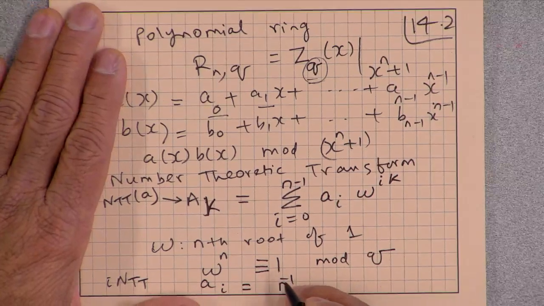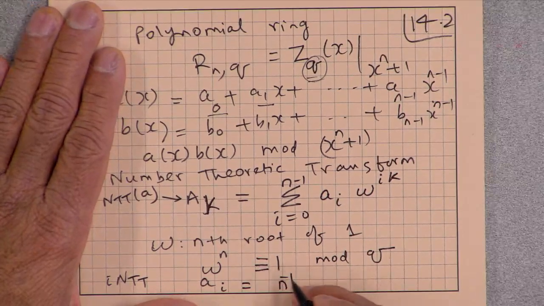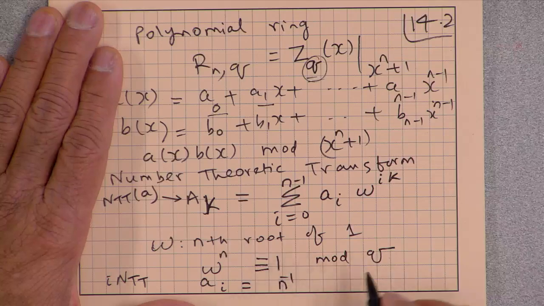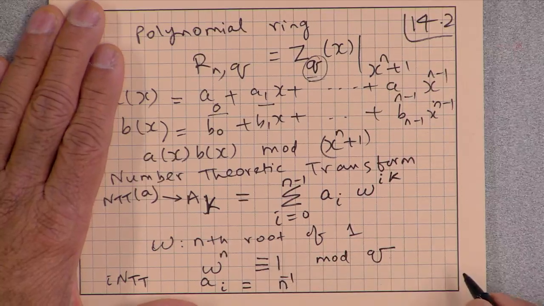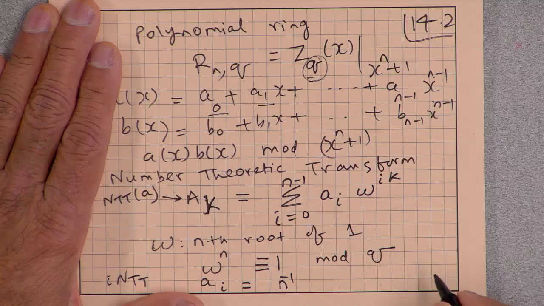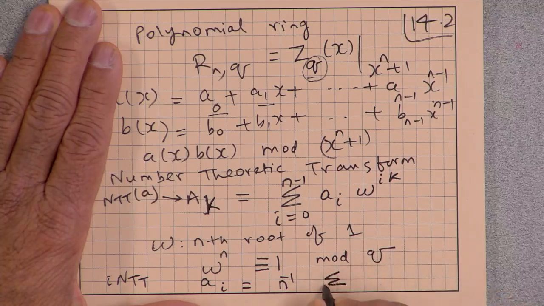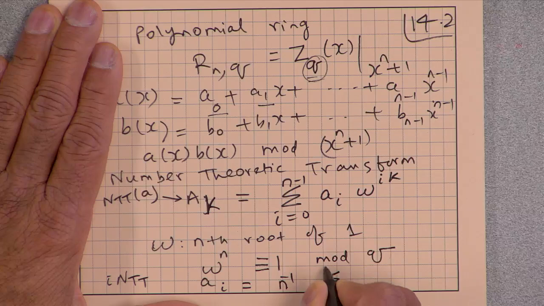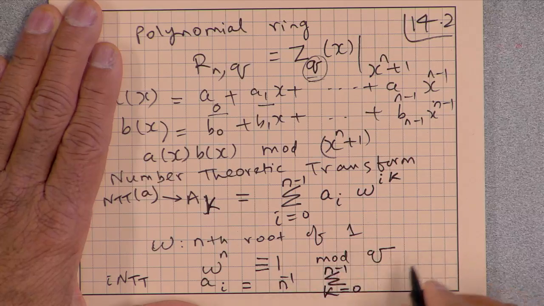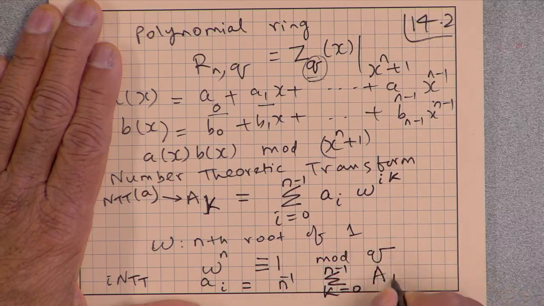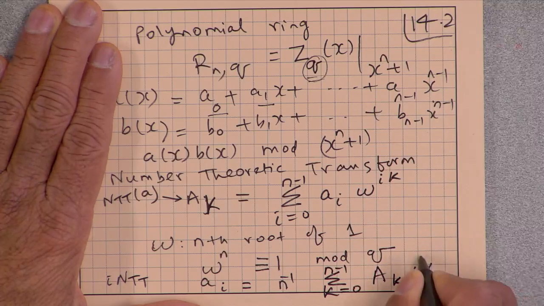I mean, you can think of that as 1 by N, but such a thing doesn't exist. So think of that as N inverse. I don't want you to think of this as 1 by N. Think of that as N inverse. We'll see in a minute why. Sum over K equal to 0 to N minus 1 of A_K omega to the power minus IK.